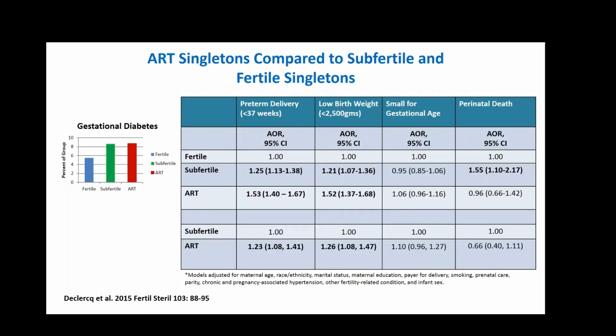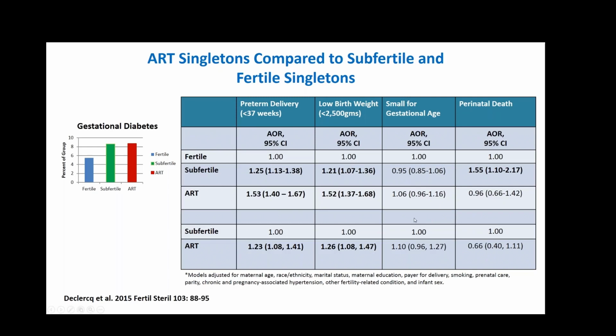We found that while ART had higher rates of preterm delivery and low birth weight deliveries than the fertile group, and this is preterm delivery, low birth weight, small for gestational age, and perinatal death. Fertile group is the reference control, and this is the ART group, higher rates of preterm delivery and low birth weight.